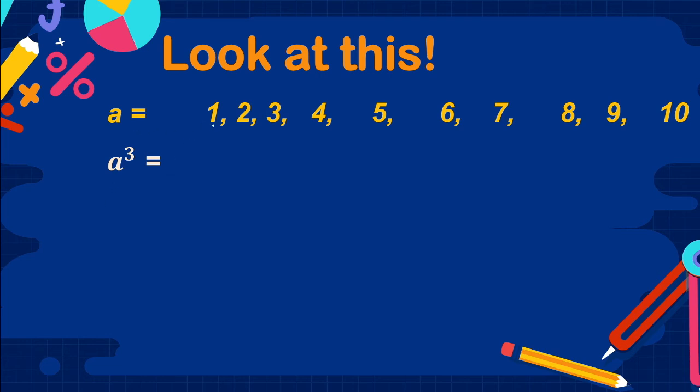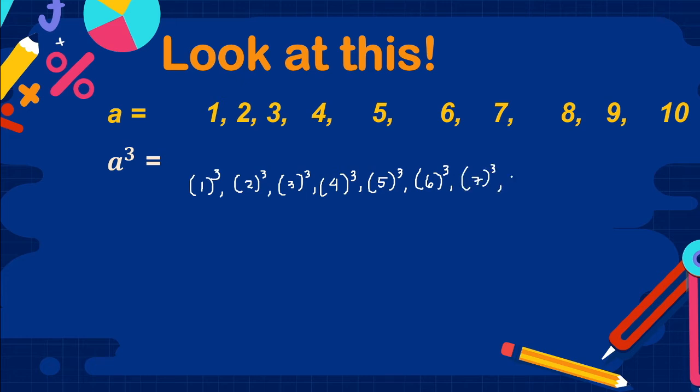So if our a is equal to 1, if we get the a cube, that means we have 1 quantity raised to 3, and we have 2 quantity raised to 3, 3 quantity raised to 3, 4 quantity raised to 3, 5 quantity raised to 3, 6 quantity raised to 3, 7 quantity raised to 3, 8 quantity raised to 3, 9 quantity raised to 3, and 10 quantity raised to 3.